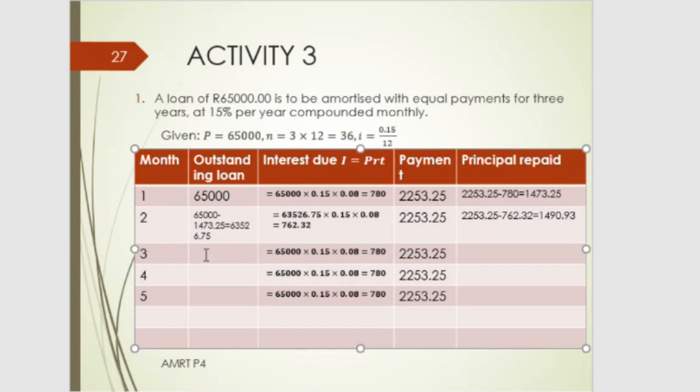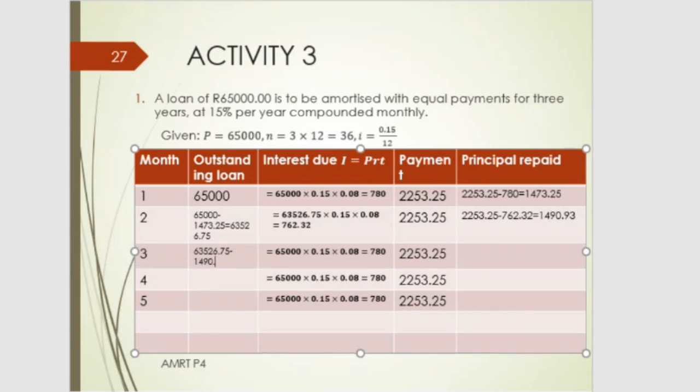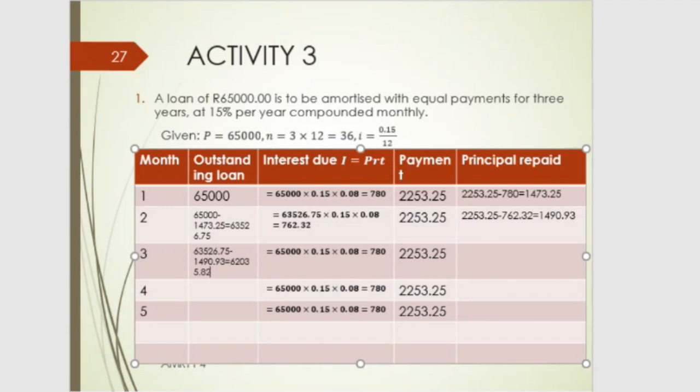Then coming here, you take the balance from the second month on the outstanding loan, which was 63,526.75. Then you subtract it from 1490.93. This will give you something like 62,035.82. Right?